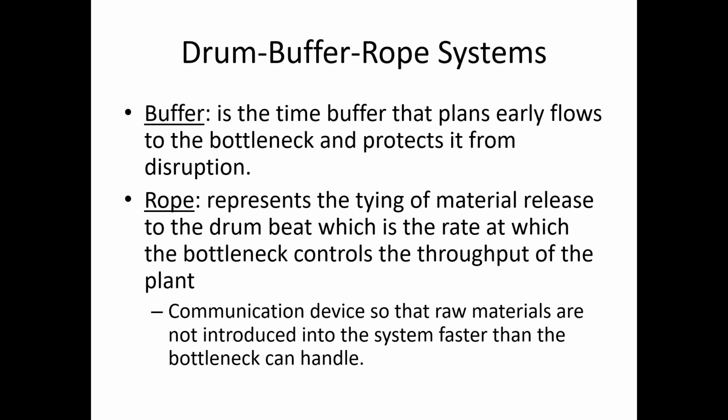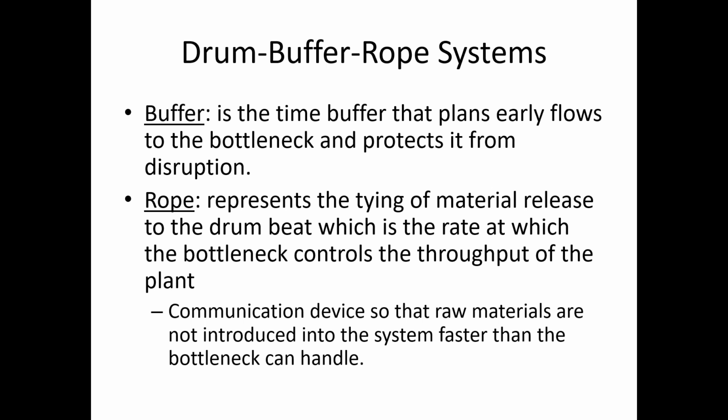The rope is sort of like what ties it all together. How do we communicate that the bottleneck resource's buffer is a little low, or the bottleneck resource is working harder than usual, not working as hard as usual, or another resource that's supplying the bottleneck resource has problems?